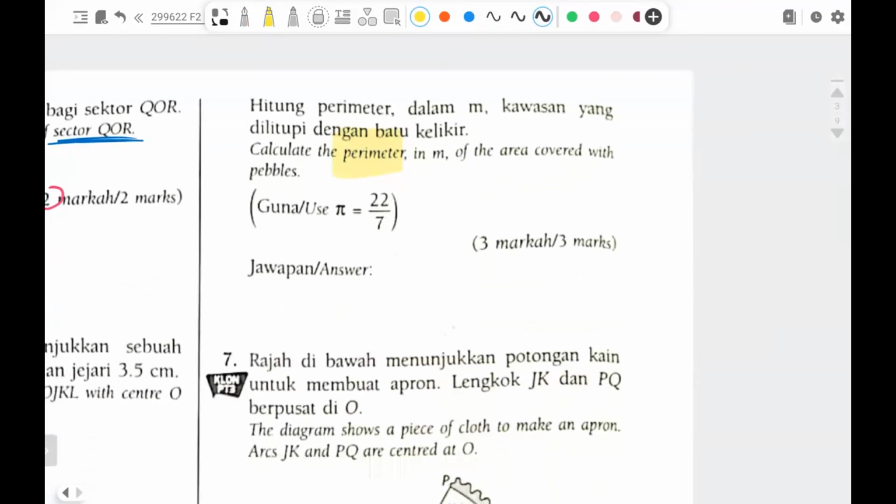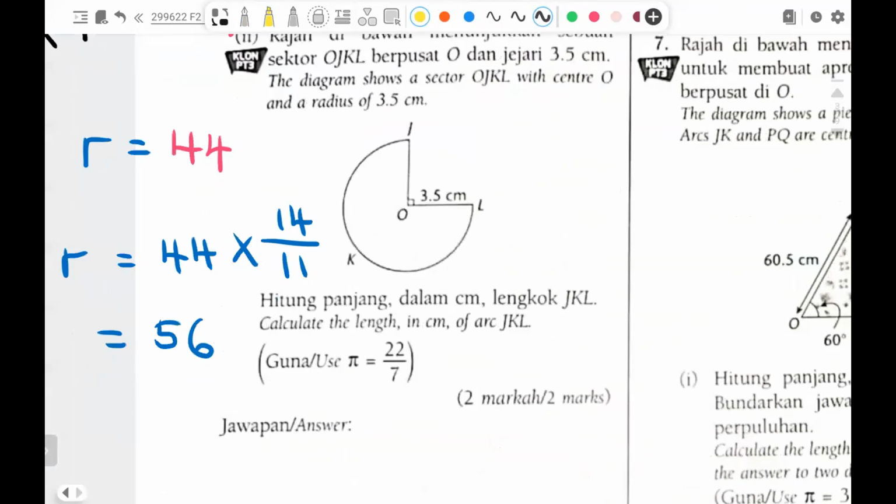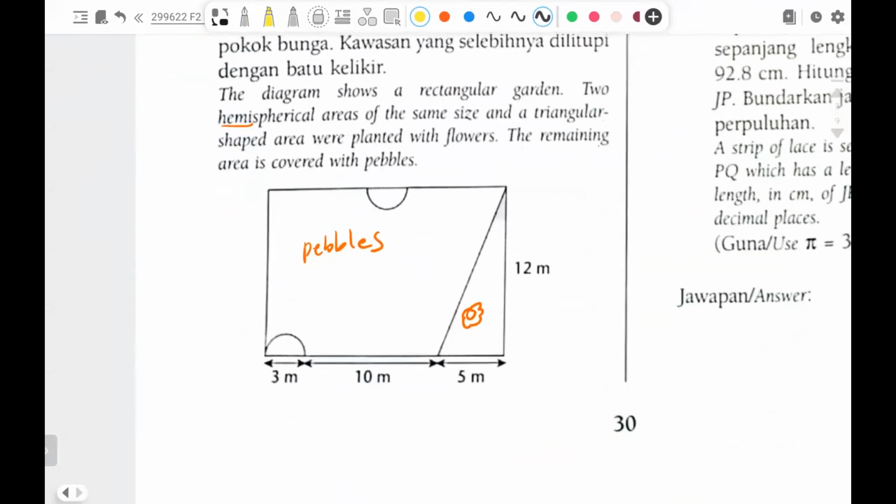So for perimeter, we got to highlight first. Draw or label where is the perimeter. So it will be here, the straight line. Then the half circumference, because it's a semicircle.